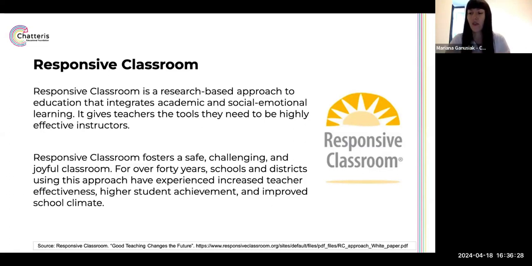They noticed that optimal learning takes place when teachers teach academic content at the same time as they teach social skills. So they put together a list of strategies that integrate academic and social emotional learning that can be used both inside and outside the classroom.